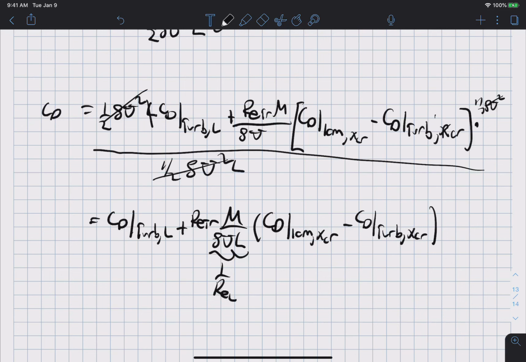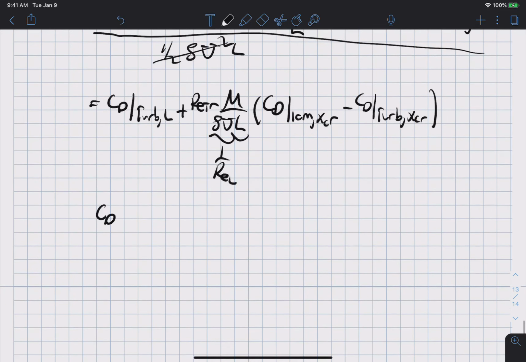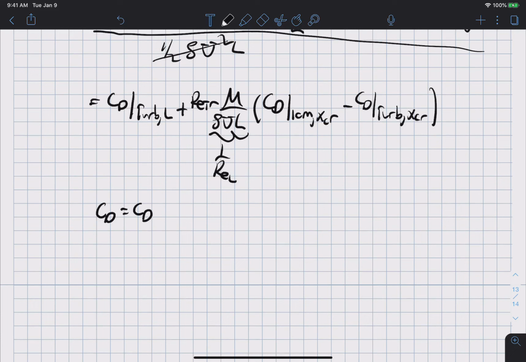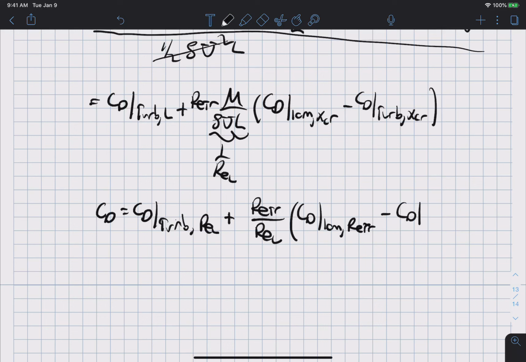Okay, then we find that CD equals CD for the turbulent section based on REL plus RE transition over REL times CD for the laminar piece evaluated at the transition Reynolds number minus the drag coefficient for the turbulent piece evaluated at the transition Reynolds number.